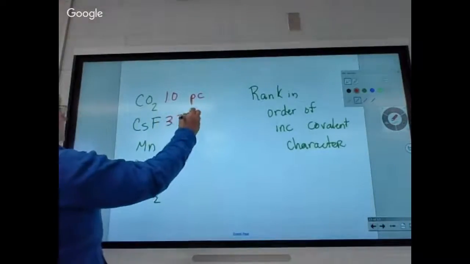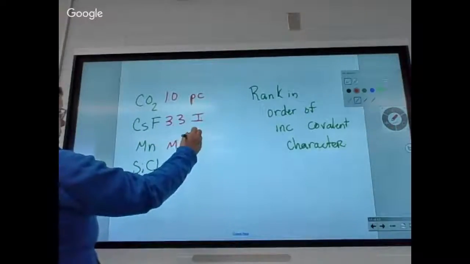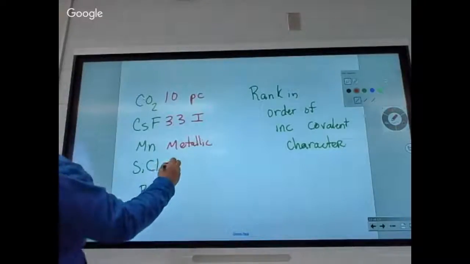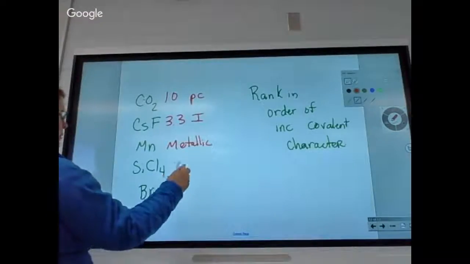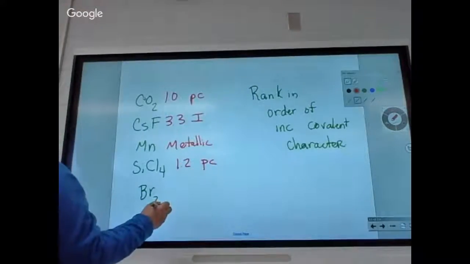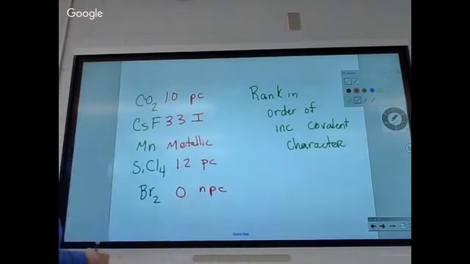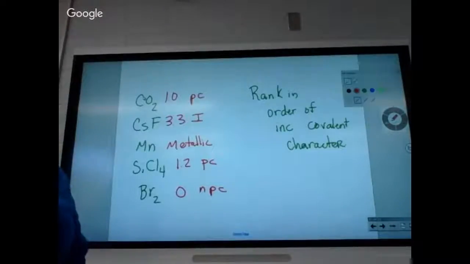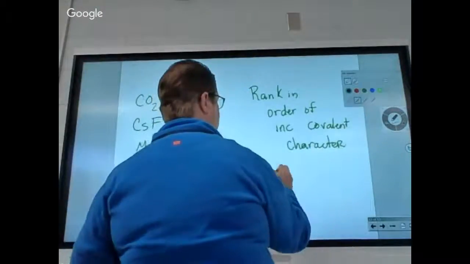CSF was what difference? 3.3. MN is what? SiCl4 is 1.2, polar covalent, and Br is 0, so non-polar covalent. I said rank in order of increasing covalent character, so going from 4 to 0.